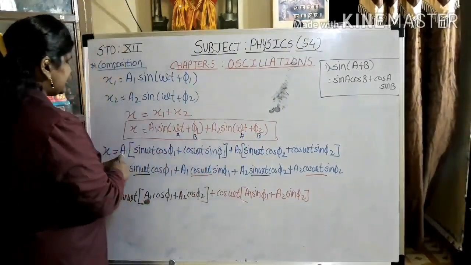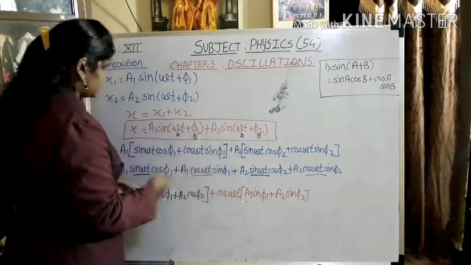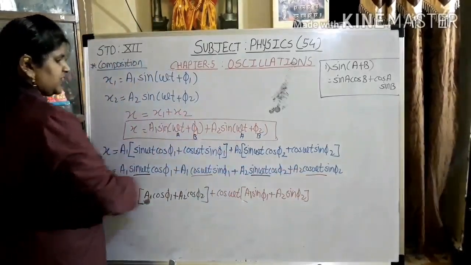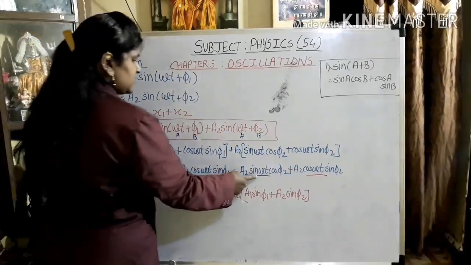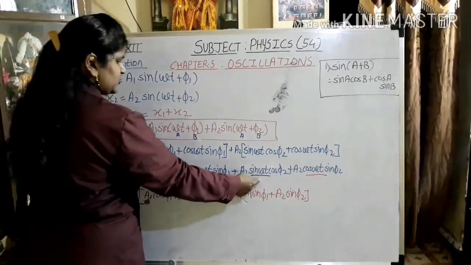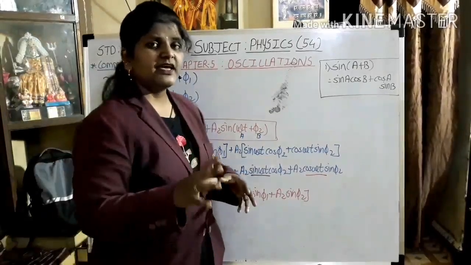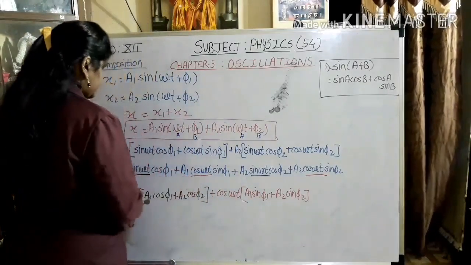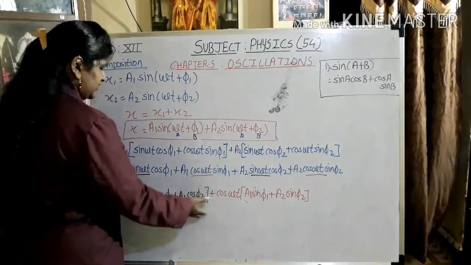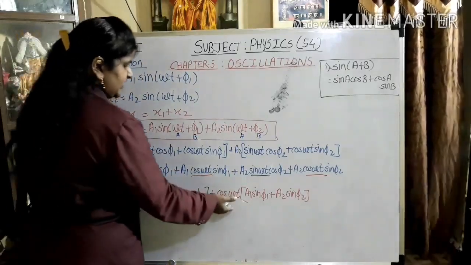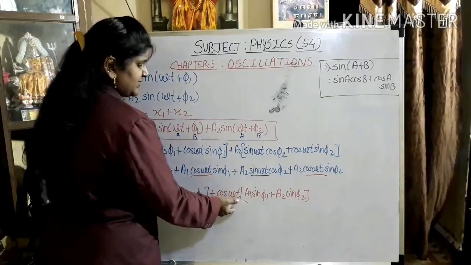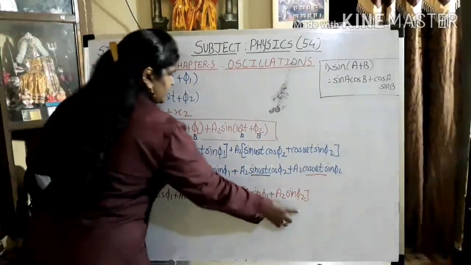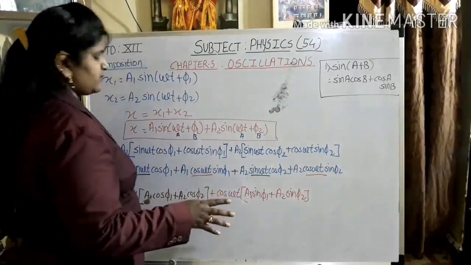Then I multiplied a1 and a2 into the brackets and removed the brackets, and I got this whole equation, in which I found that two terms have sin omega t common, and another two have cos omega t common. So I have taken sin omega t common and written the equation, and I have taken cos omega t common and written the equation. Okay. Now this and this, we are going to consider something for both of them.